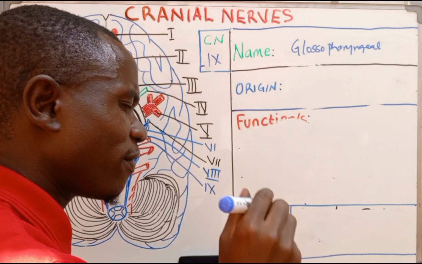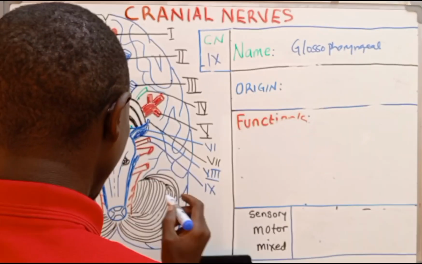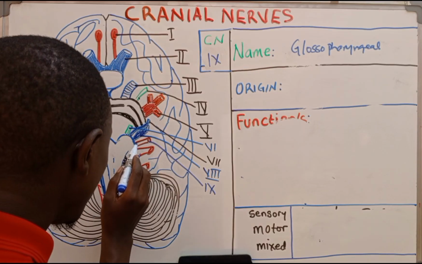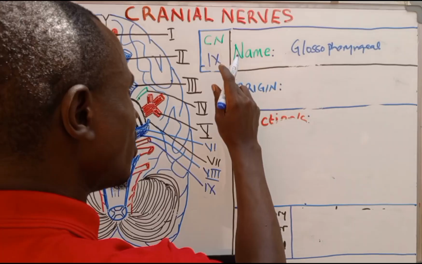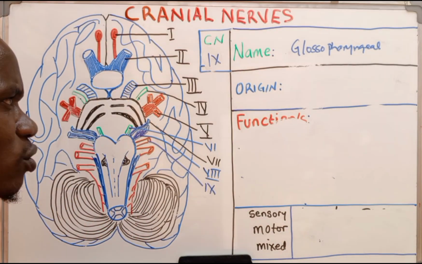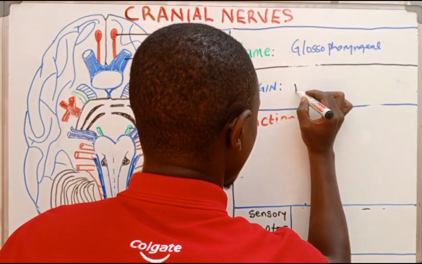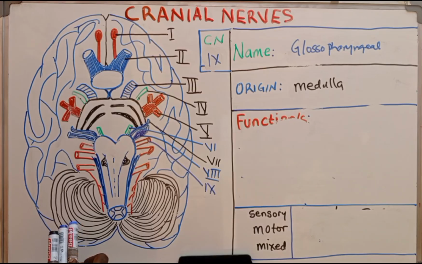And this glossopharyngeal nerve is going to be part of what we call the medulla. You see the whole of this structure here is going to be the medulla. You see this cranial nerve which is coming here, and also even this side. This one here is cranial nerve number 9, called the glossopharyngeal nerve, and it's going to be originating from what we call the medulla.